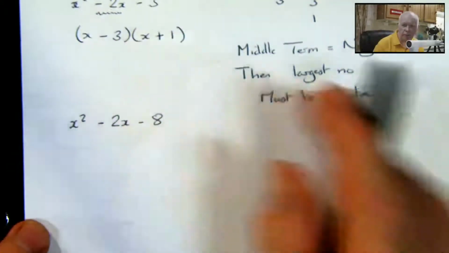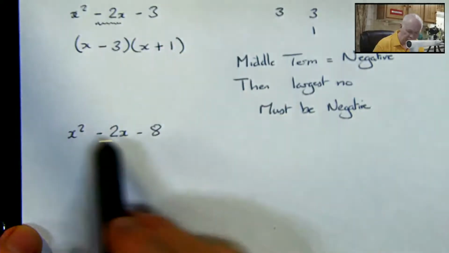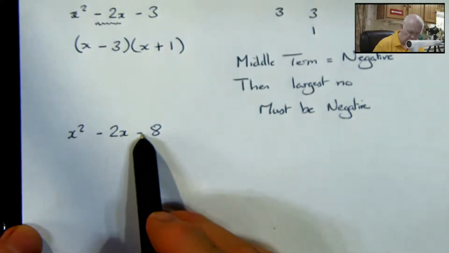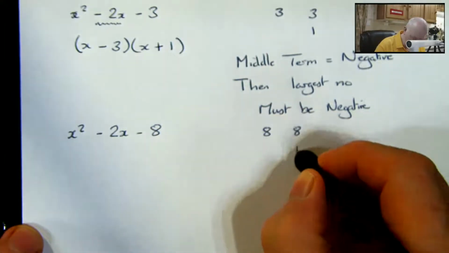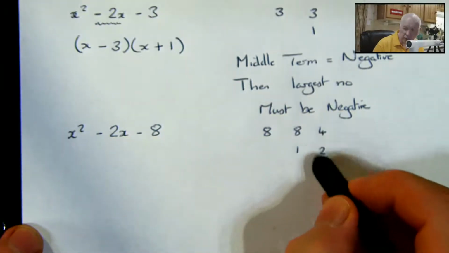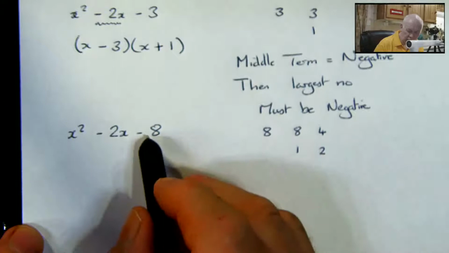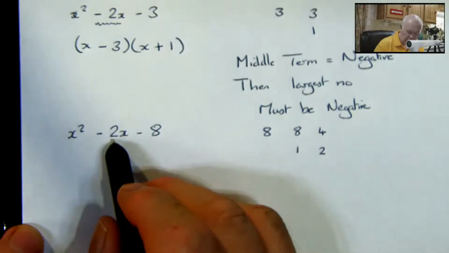Again, the same type of problems we had before. We've got both negative numbers. So to make a negative number here, and I've got the 8, I've got 8 and 1, I've got 4 and 2. One of these numbers needs to be negative to give me the negative 8. And I've got to make minus 2.